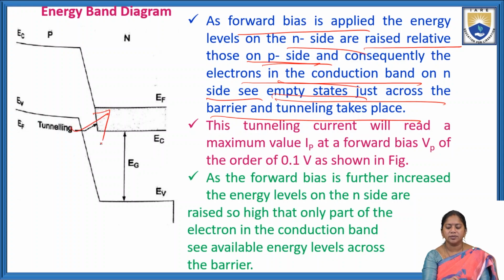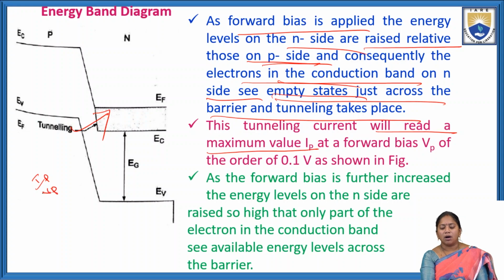This tunneling current will reach a maximum value IP at a forward bias Vp of the order of 0.1 volt, as shown in this figure.